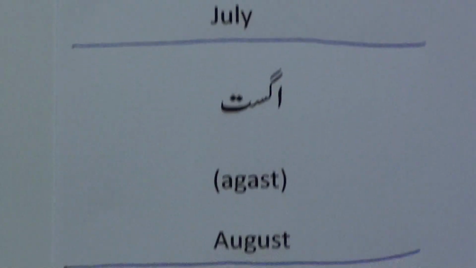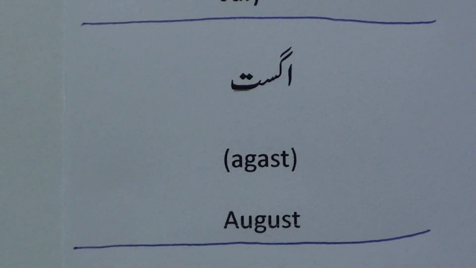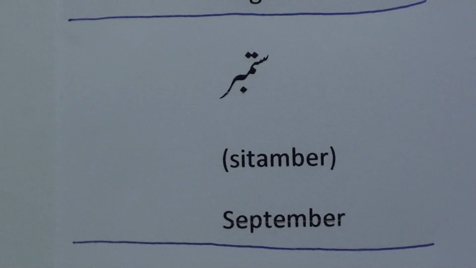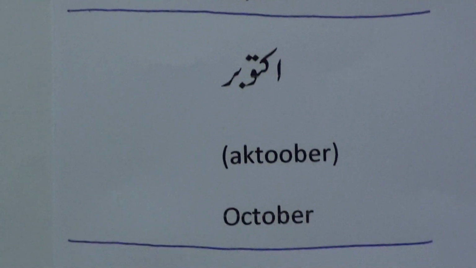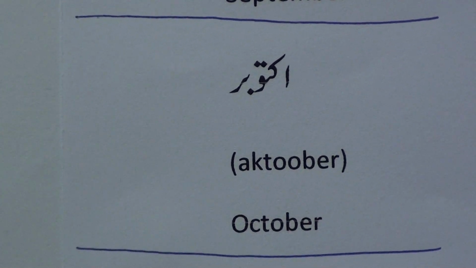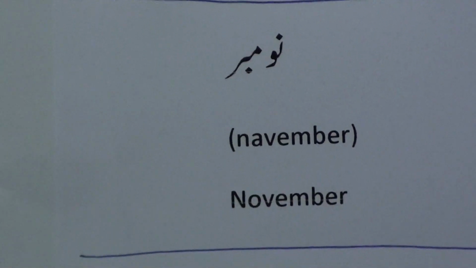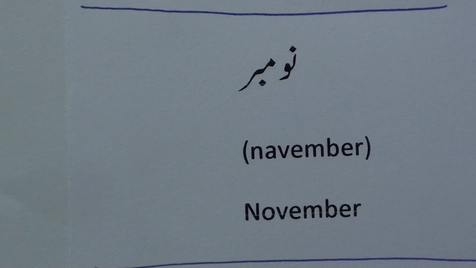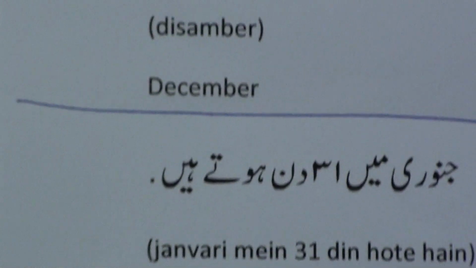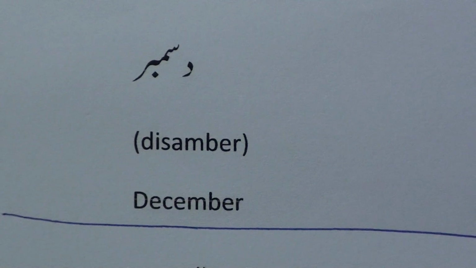August is August. September is September. October is October. November is November. December is December.